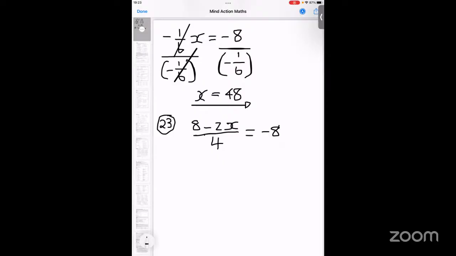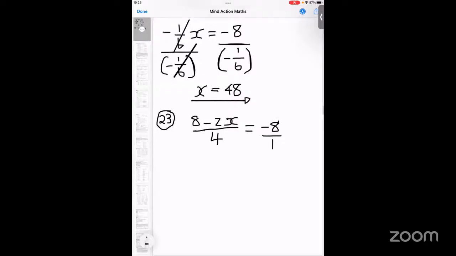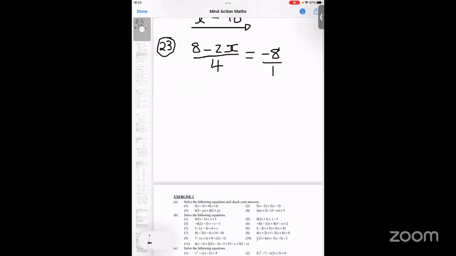So we can also fractionalize the right-hand side. You will always divide it by 1 when you make it a fraction. The reason you do that is because you want to cross multiply. Cross multiply means the bottom multiplies the top. That's what cross multiply means.